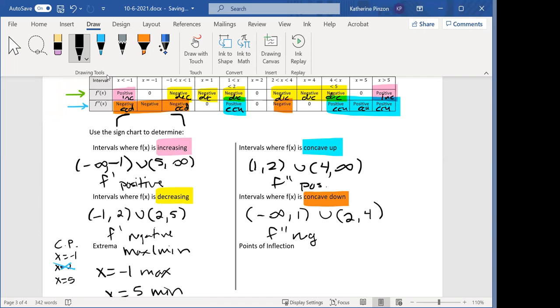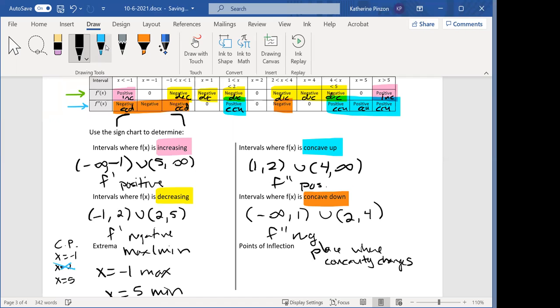What is an inflection point? Remember from Monday what an inflection point is? An inflection point is a place where the concavity changes.